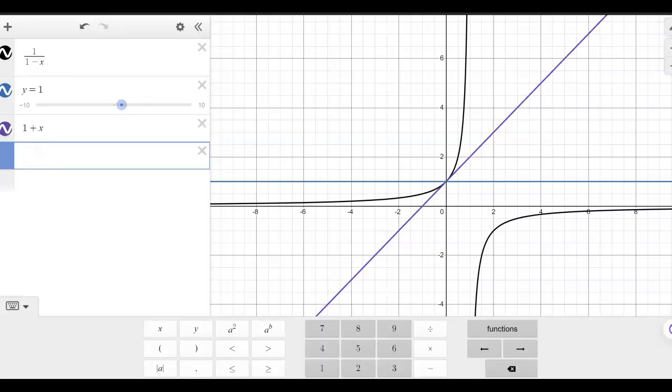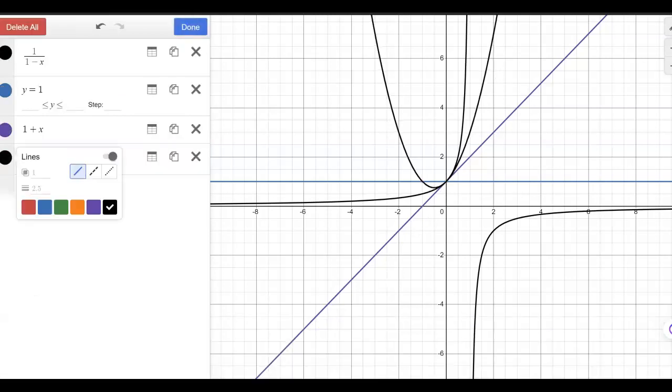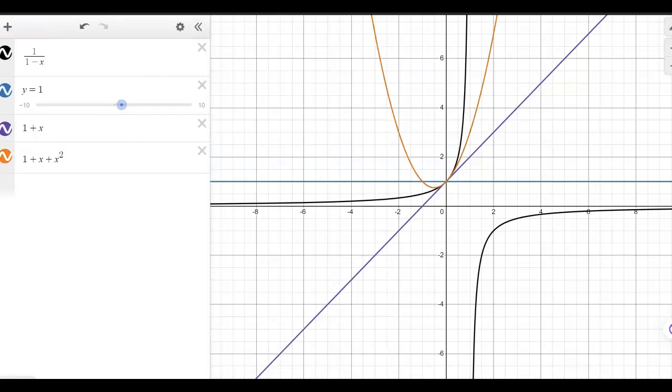Okay, what happens if we add a third term? I'm going to do it with another line. So now I'm going to have 1 plus x plus x squared. Now, once we revert back to that color for me, let's make this one orange. Okay, now see the orange line.